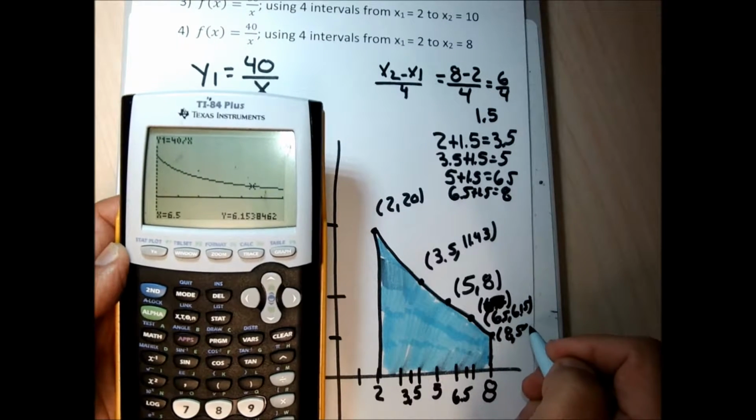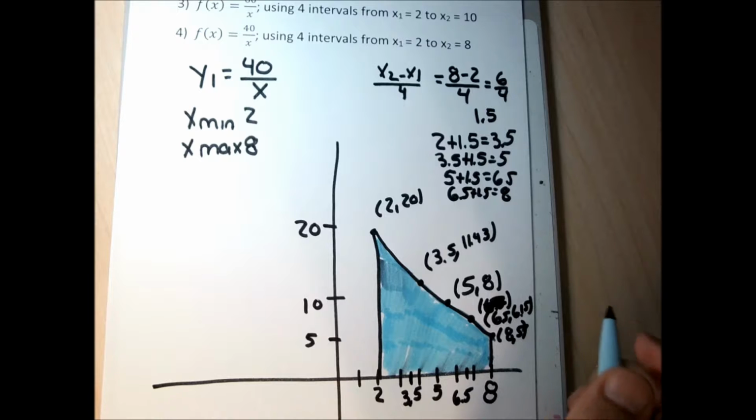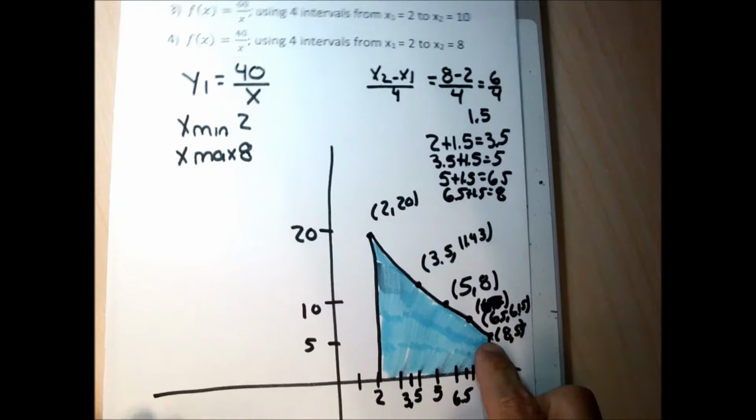This is not a stellar graph, and I knew that eventually my graphs were going to start being not so good. So for all the problems, I have a computer generated graph, because I just didn't draw this part well enough.